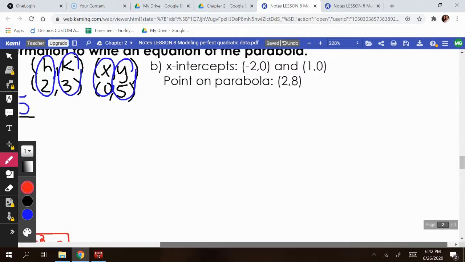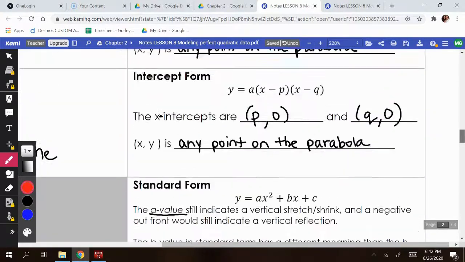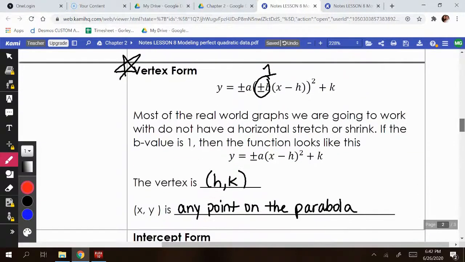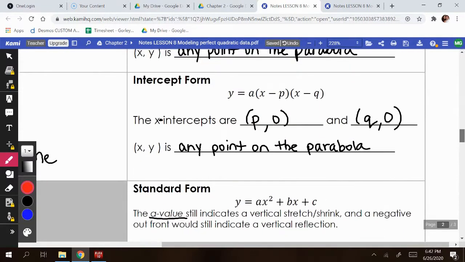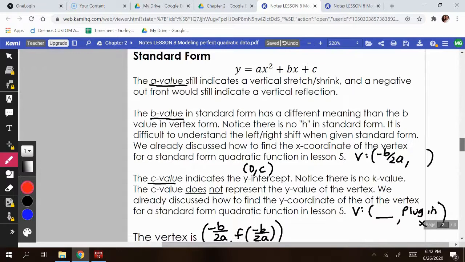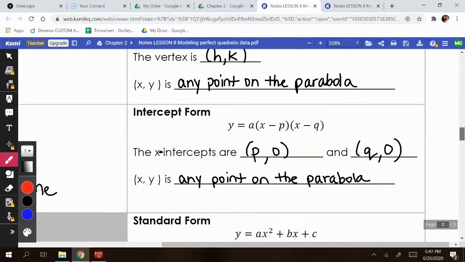For part B, we have x-intercepts that are given to us, so we're going to be using intercept form. Our 3 choices are vertex form, intercept form, and standard form. In this case, we're going to use intercept form, which is y equals a(x minus p)(x minus q).